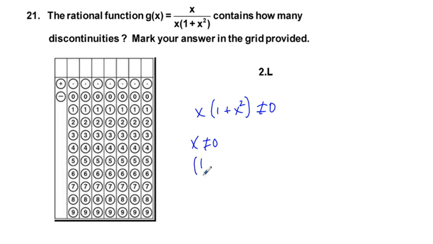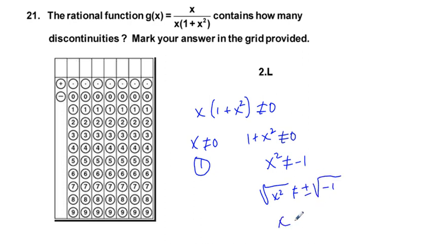And also, using zero factor property, 1 plus x squared cannot equal 0. And if we subtract 1, x squared cannot equal negative 1. And if we take the square root, x equals plus or minus square root of negative 1. So x cannot equal plus or minus square root of negative 1.